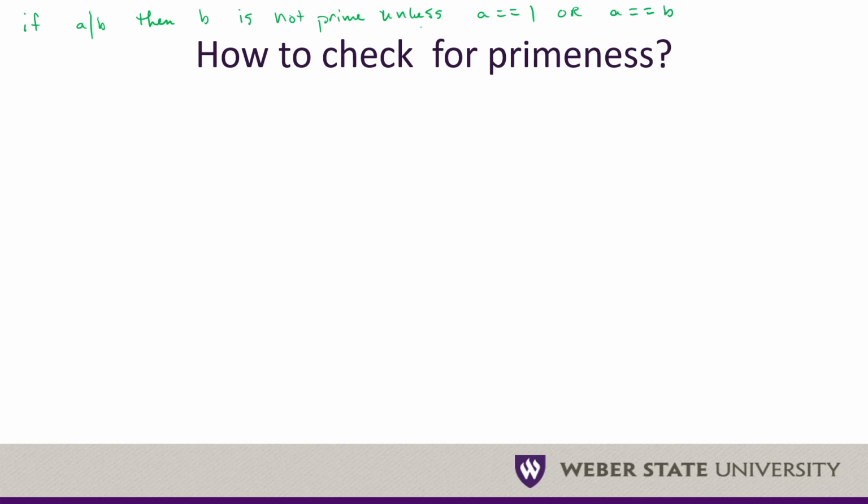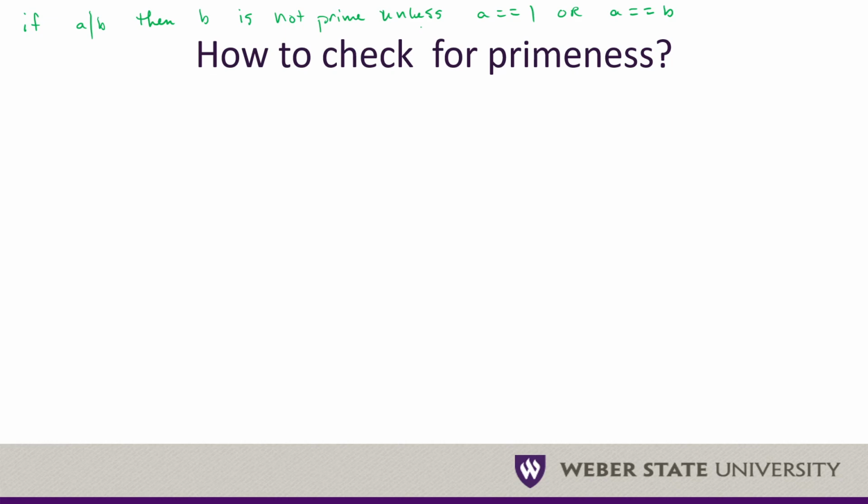But if 2 doesn't divide B, if B modulo 2 is not 0, then that would mean that it's possibly prime, unless B is equal to 2.